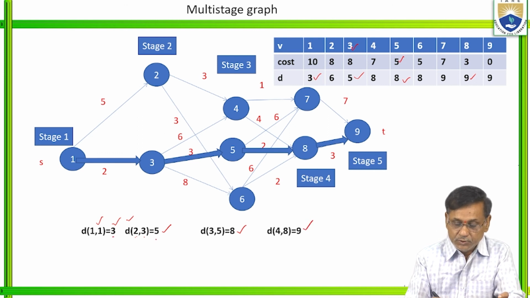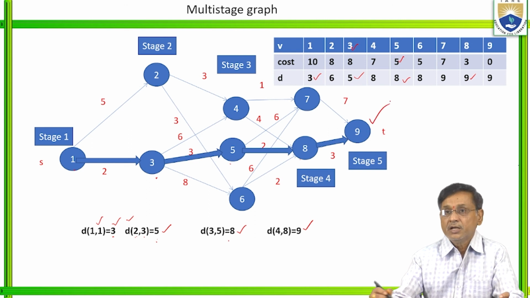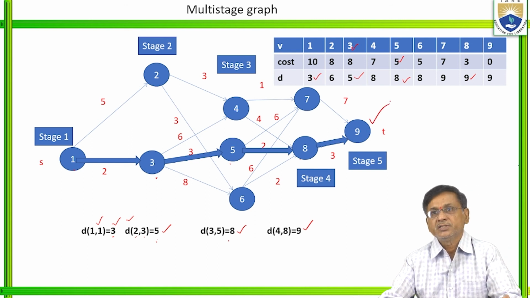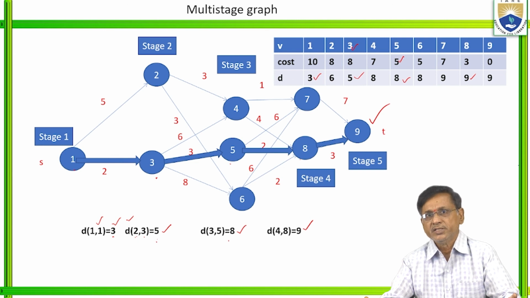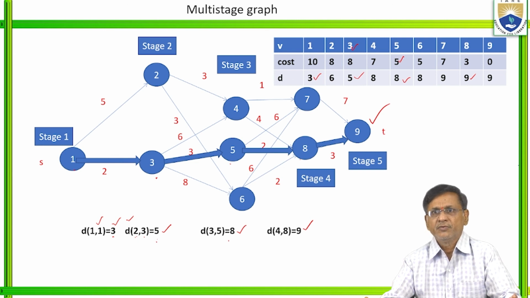What is the path? 3 to 5, 5 to 8, 8 to 9. So, that is 1 to 3, 3 to 5, 5 to 8, 8 to 9. So, this is the shortest path. By using the dynamic programming technique, we found the shortest path. The solution is, the cost is 10 and the path is 1 to 3, 3 to 5, 5 to 8, 8 to 9.